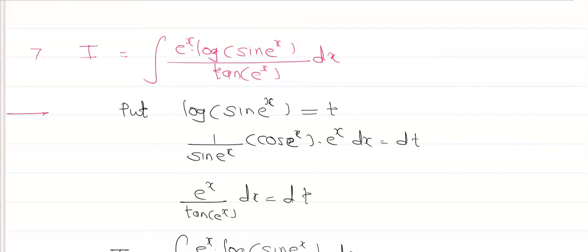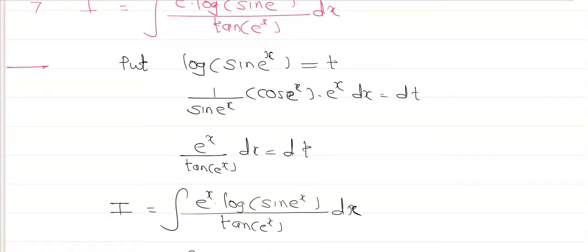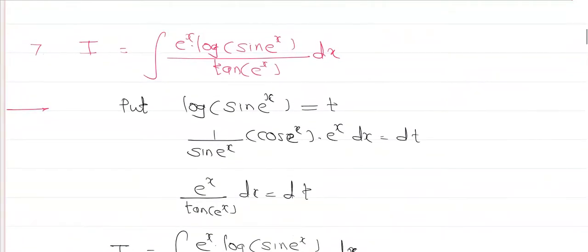Therefore, cot can be written as 1 upon tan. So this cot is written as 1 upon tan of e raised to x, into dx is equal to dt. This is the proper value of e raised to x into dx upon tan of e raised to x. This is the value. Now see this here.